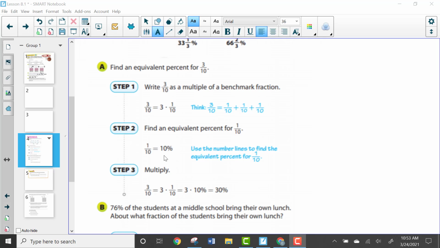In step 2, all we need to do is multiply. 1/10 times 3 gives us 3/10. Therefore, 10% times 3 gives us 30%. So we can use that benchmark fraction or percent of 10% to figure out what 3/10 or 30% represents.